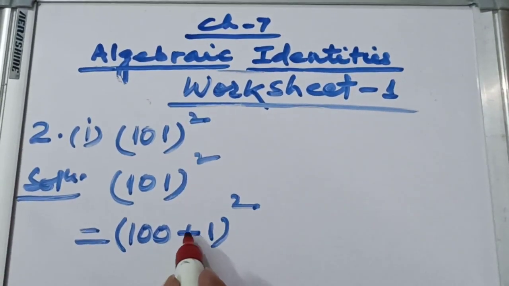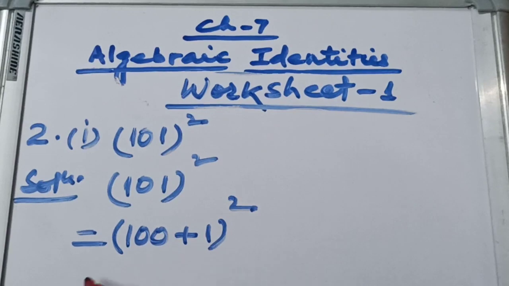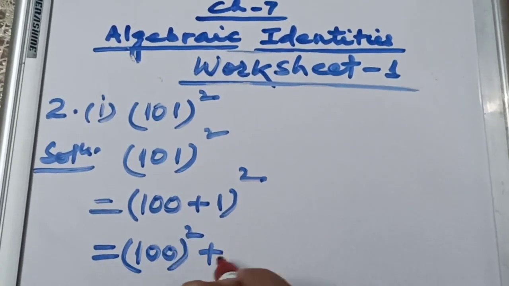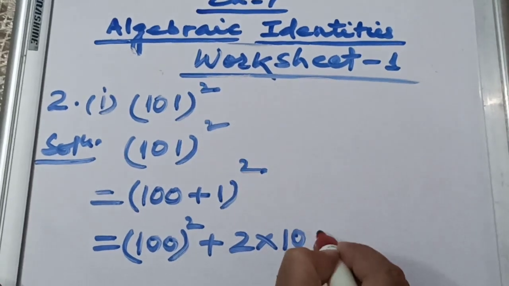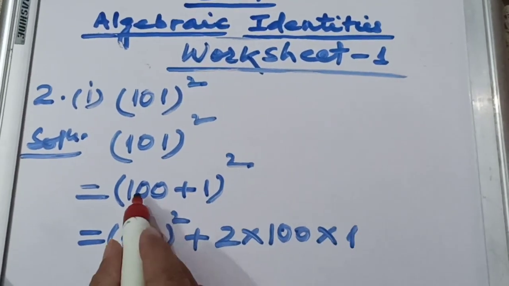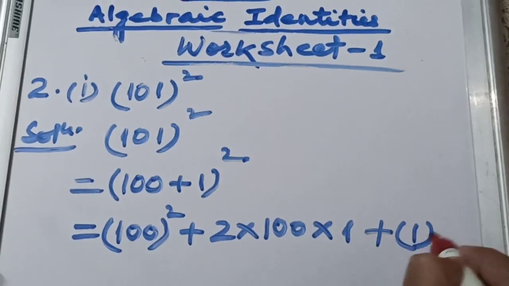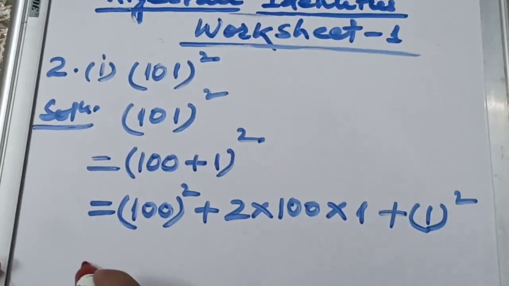A plus B whole square, A square plus 2 into A into B plus B square. Always use identity 1.